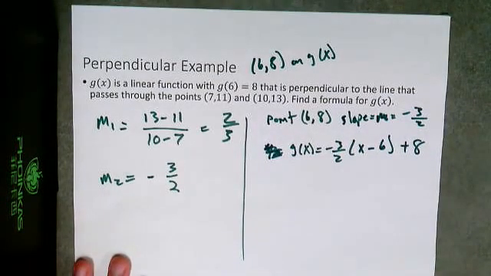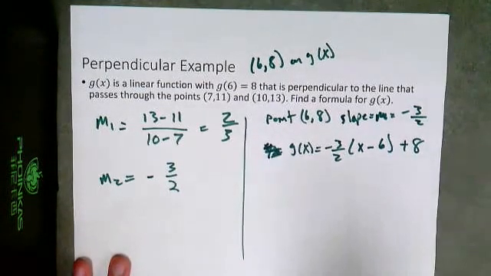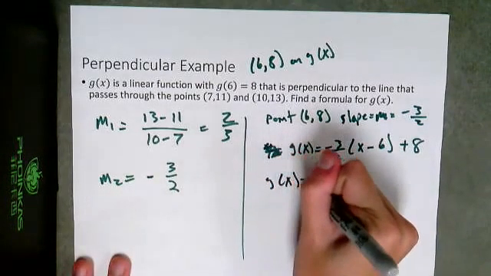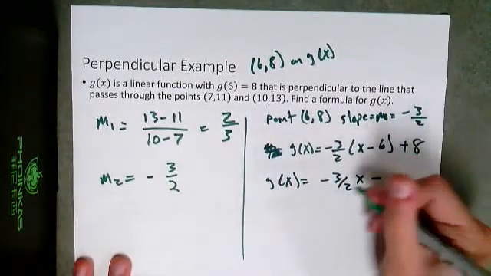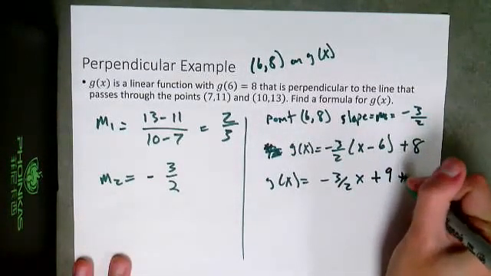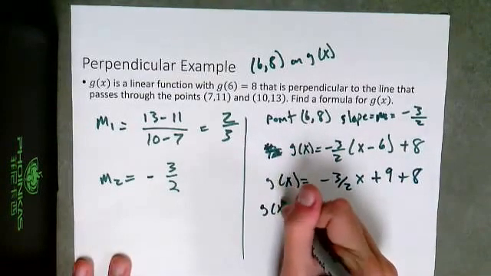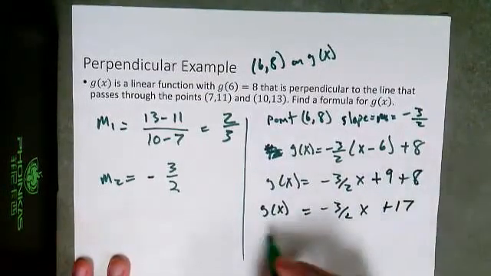So this is the point-slope version. Let's go ahead and put it into slope-intercept form. And so we get g of x is equal to negative 3/2 x plus 9 plus 8. g of x is equal to negative 3/2 x plus 17.